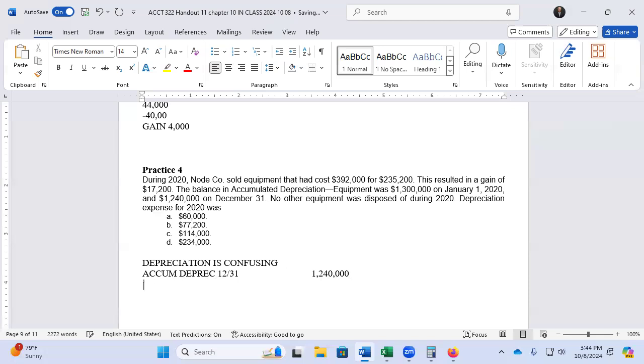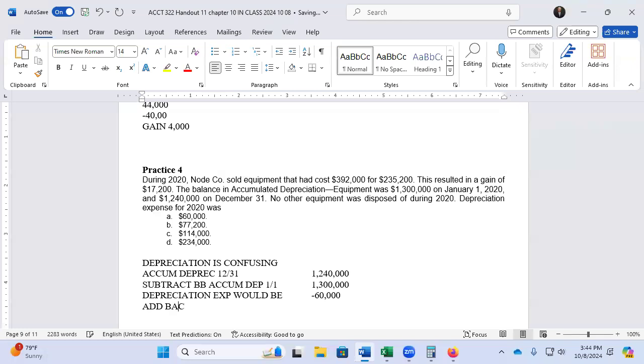And then you subtract beginning balance accumulated depreciation, and you have 1.3 million. And so negative 60,000.